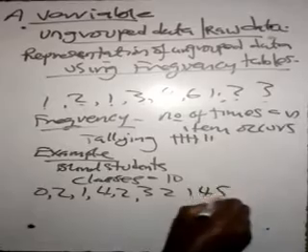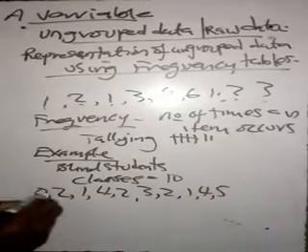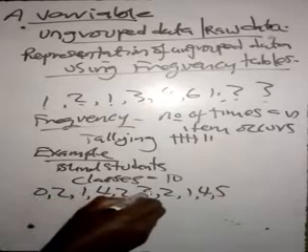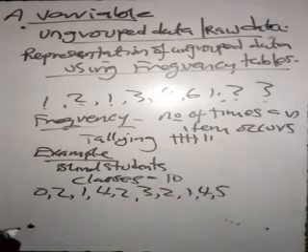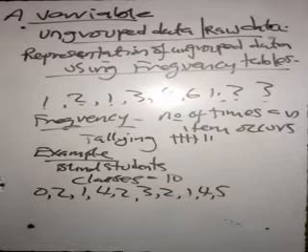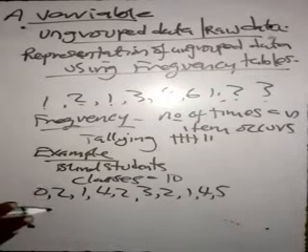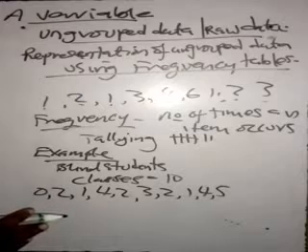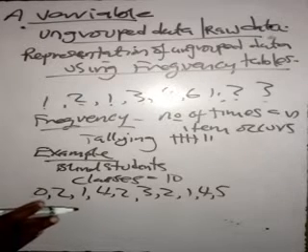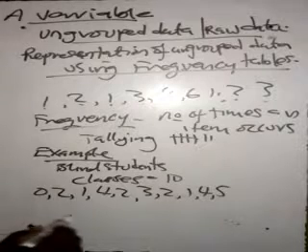So they have given us that the following data gives the number of blind students in 10 randomly chosen classes in a certain university. From the data, form a frequency distribution table. So they are asking us to form a frequency distribution table.